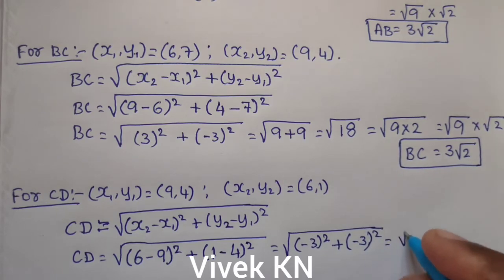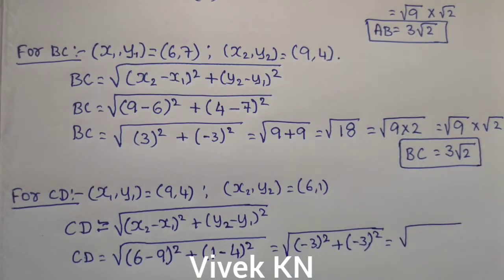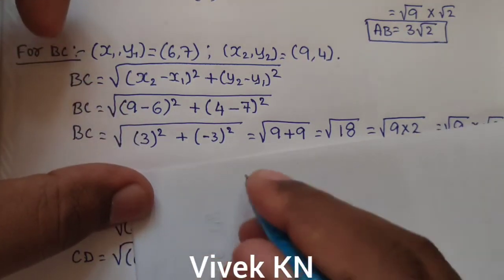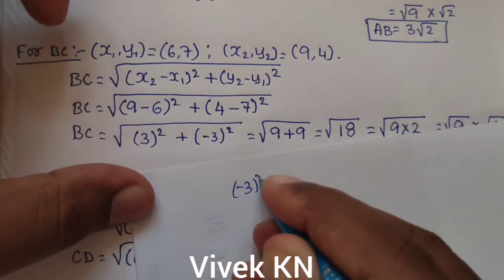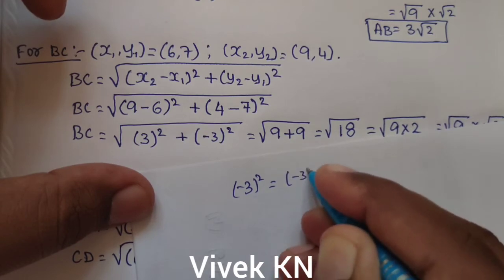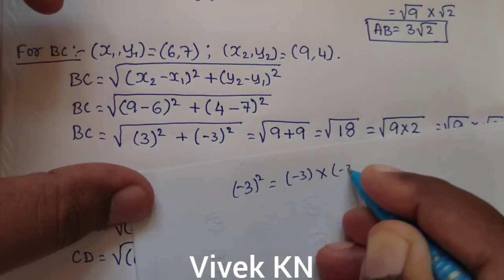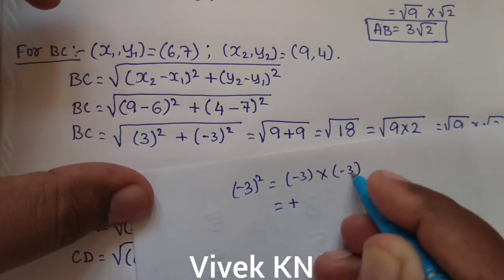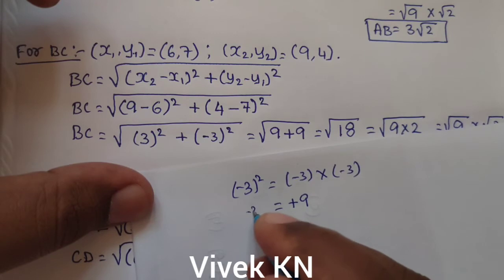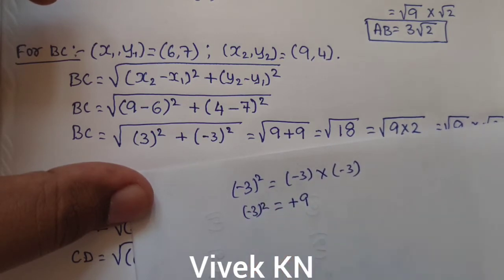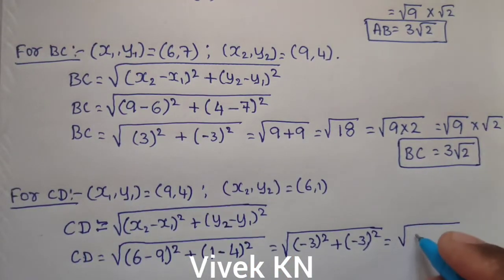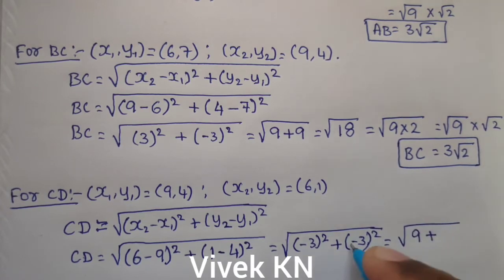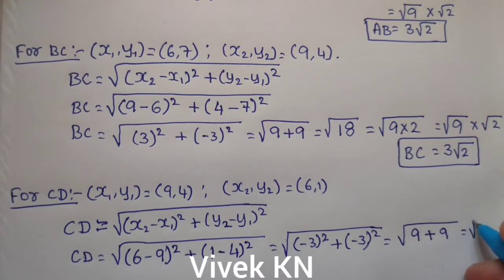Minus 3 whole square is nothing but multiplying minus 3 two times. Minus into minus is plus, 3 into 3 is 9. So minus 3 whole square is plus 9. 9 plus 9, that is root 9 plus 9 is 18.